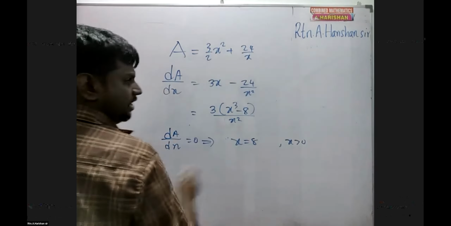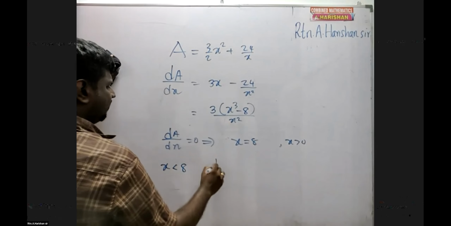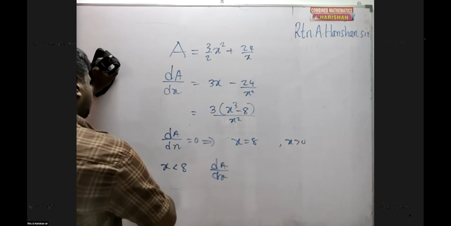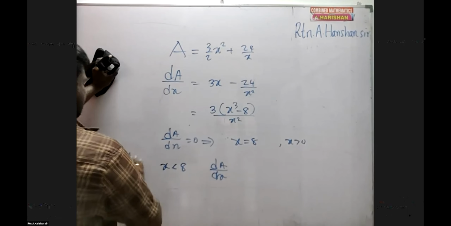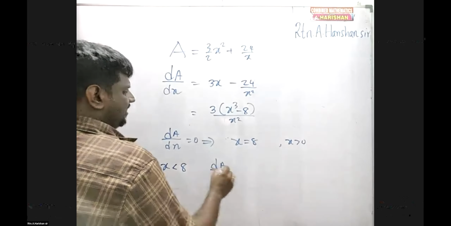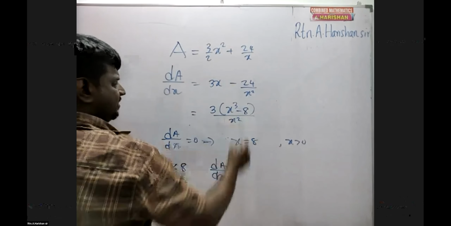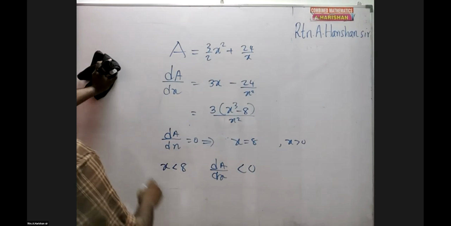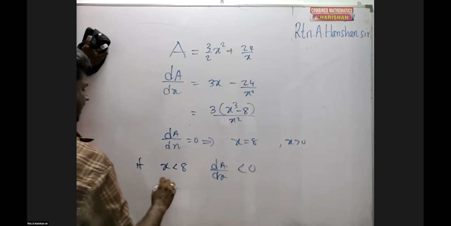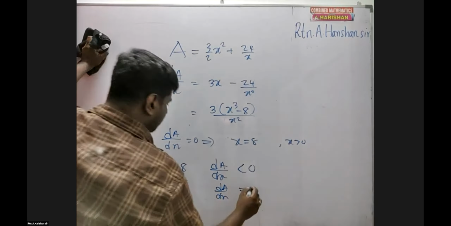When you write that here, when x is less than 2, what is dA by dx? It is less than 0. If x equals 2, dA by dx equals 0.